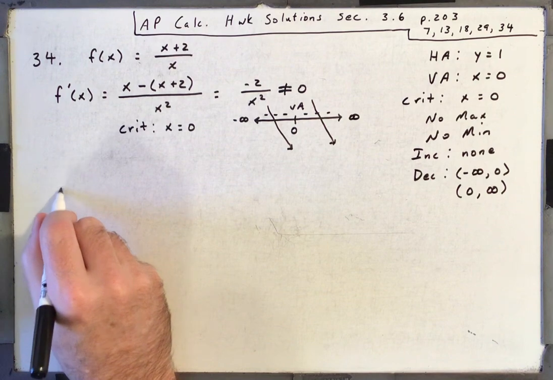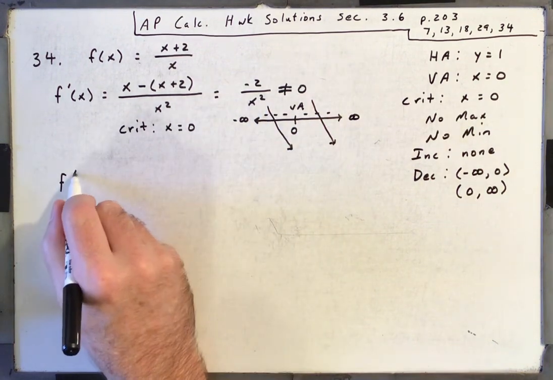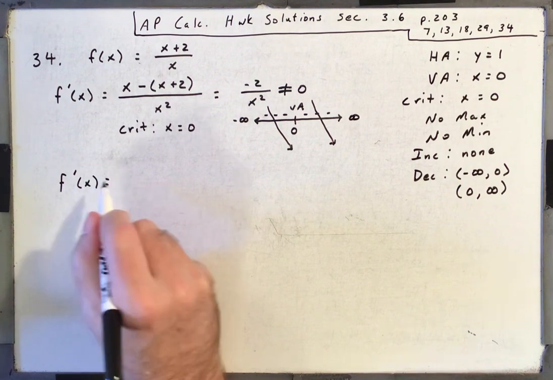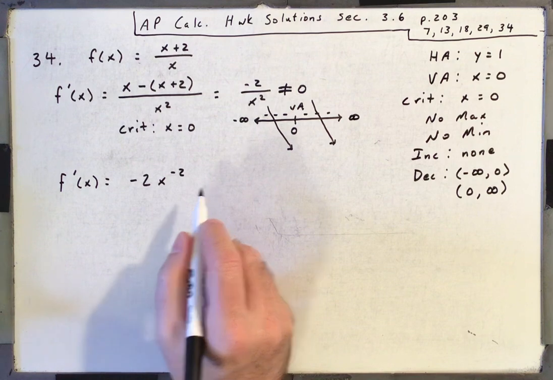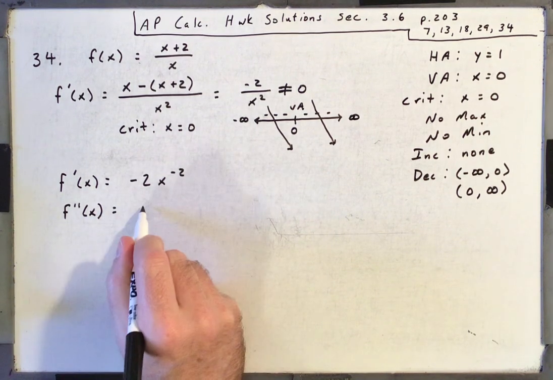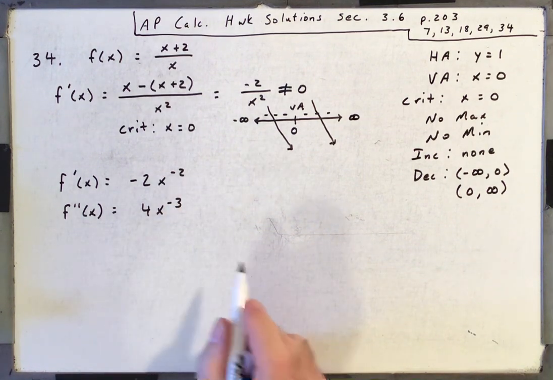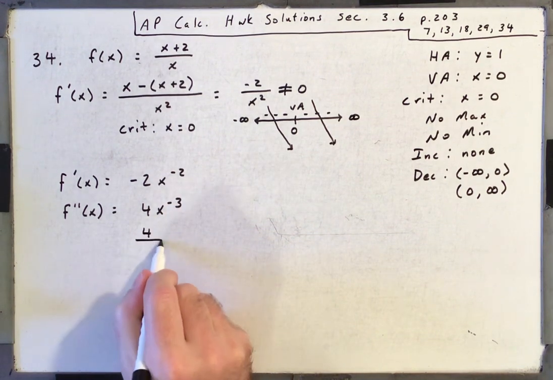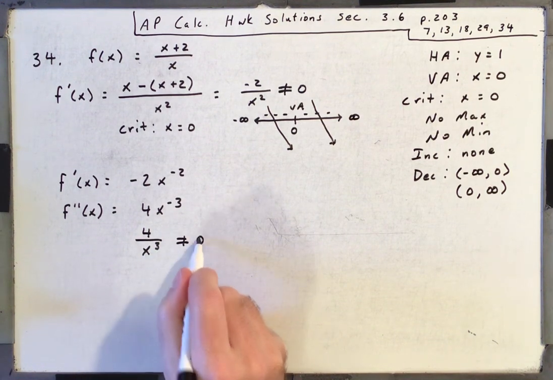Okay, so f double prime of x. I'm going to rewrite f prime of x as negative 2x to the minus 2. So f double prime of x, the second derivative, would be 4x to the minus 3. So that's 4 over x cubed, and that is never going to be 0, is it?